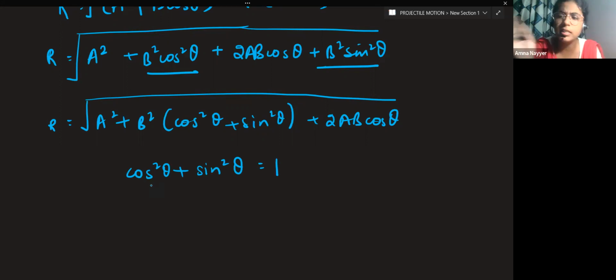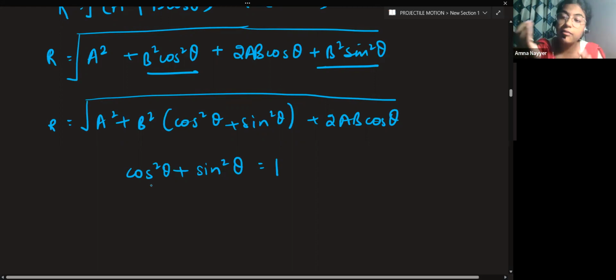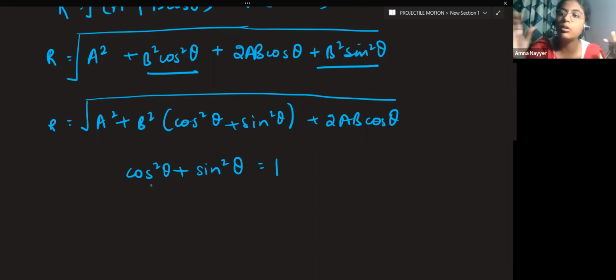Everywhere this will be used, and for math students, this identity helps in the simplification when you have the whole trigonometry. So this is an important identity.